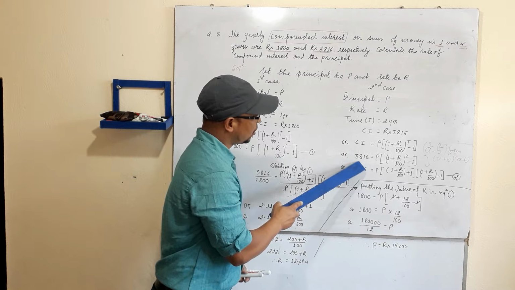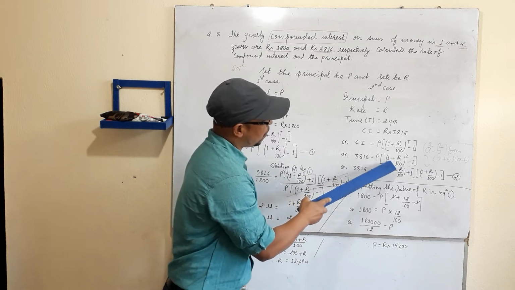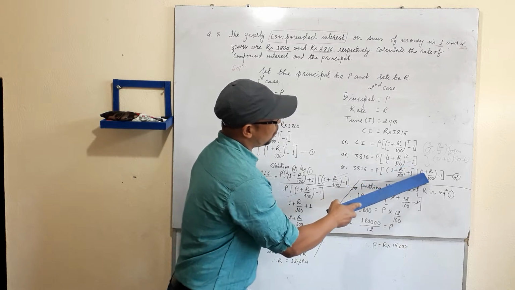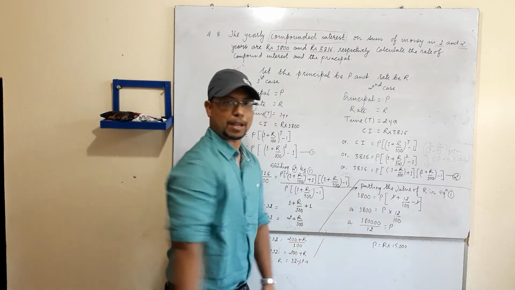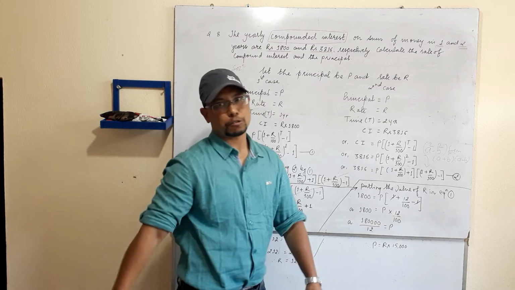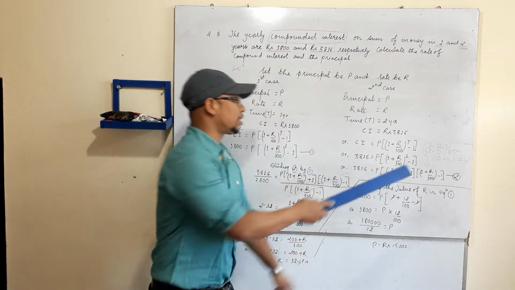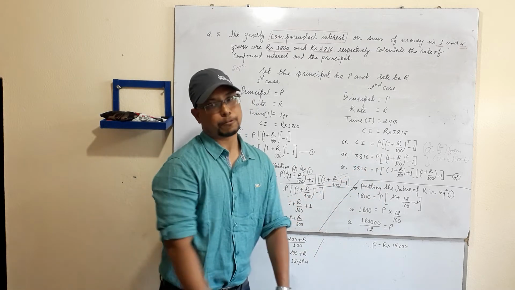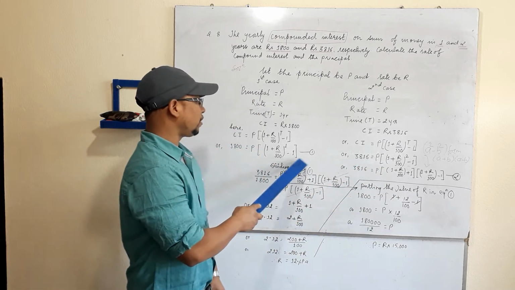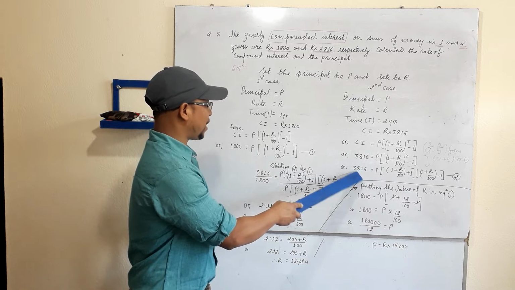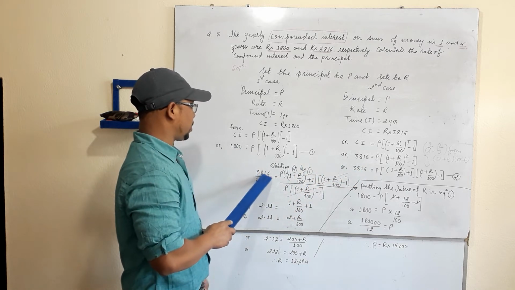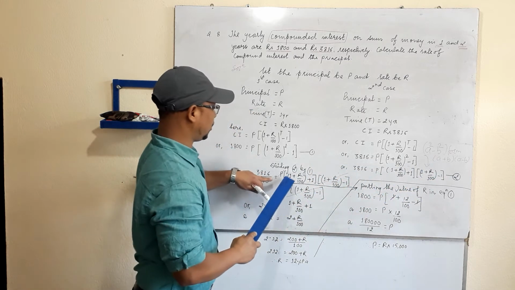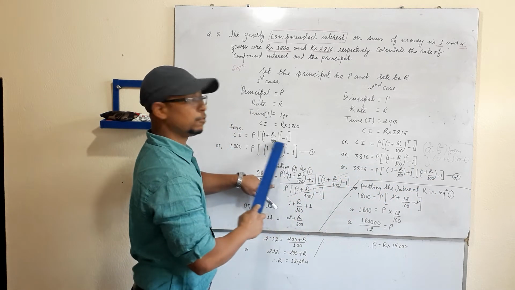So I write here, this P is as it is, (1 + R/100 + 1), that is a plus b, and (1 + R/100 - 1), that is a minus b. It is equation 2. Okay, now let us divide equation 2 by equation 1, because equation 2 is greater than equation 1. So left hand divided by left hand, 3816 divided by 1800, equals this whole value divided by this value.